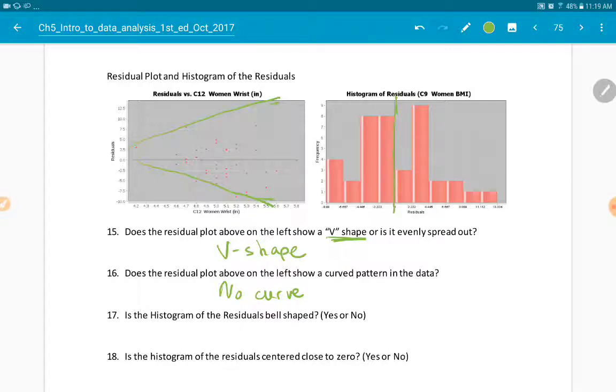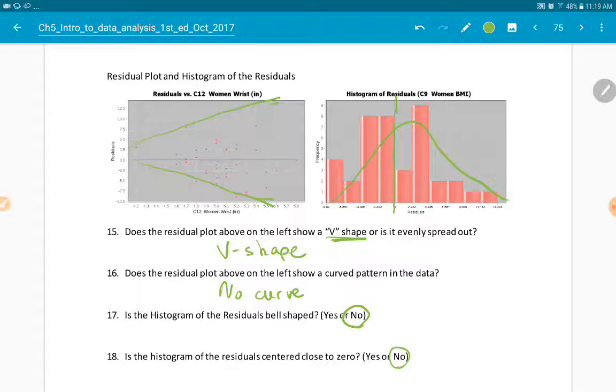That's not really the center of the graph. It's not the highest bar. There's not really a bell shape here. So I'm gonna say no. It's not bell shaped, and it's not centered at zero. So it's not a great predicting regression line.